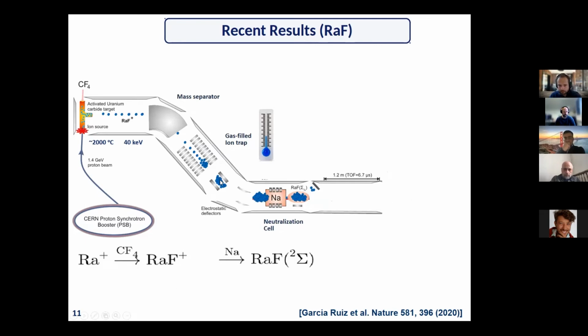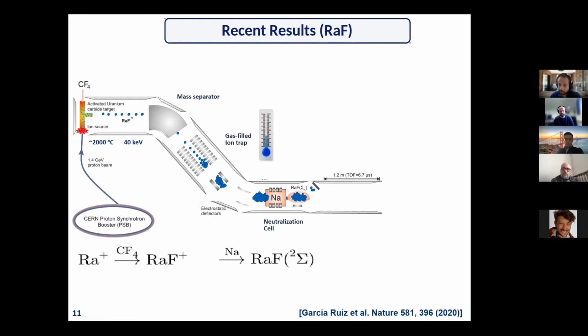So now, once we produce this bunch of molecular ions, we pass through a charge exchange cell. This is a hot vapor of sodium. The idea is that sodium gives an electron to radium fluoride plus to produce the neutral molecule in flight. We select sodium because the theoretical predictions told us that the ionization potentials of sodium and radium fluoride were similar.